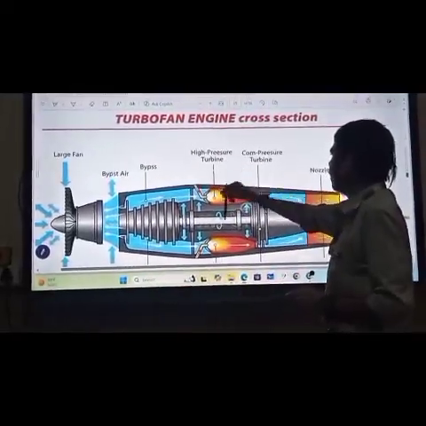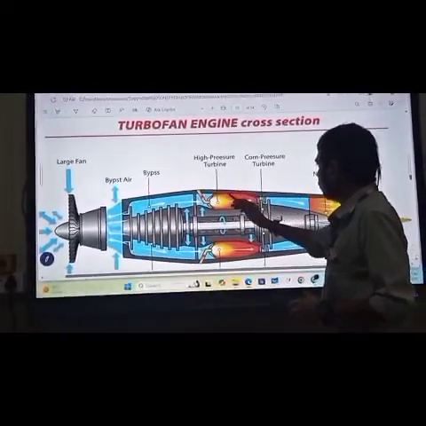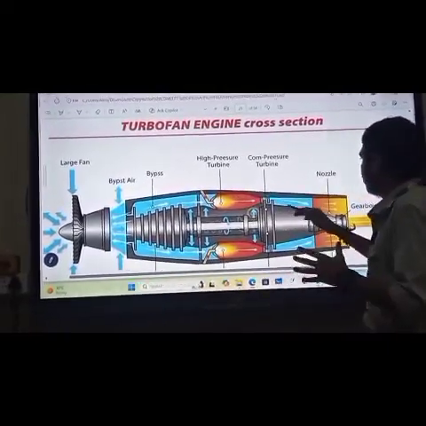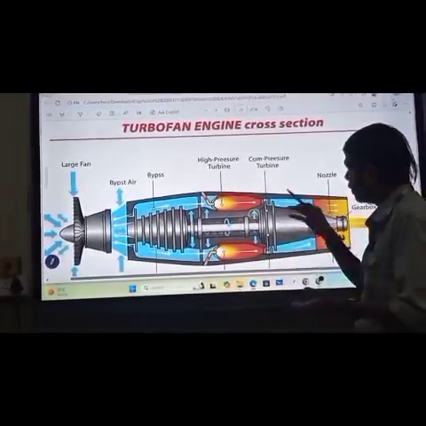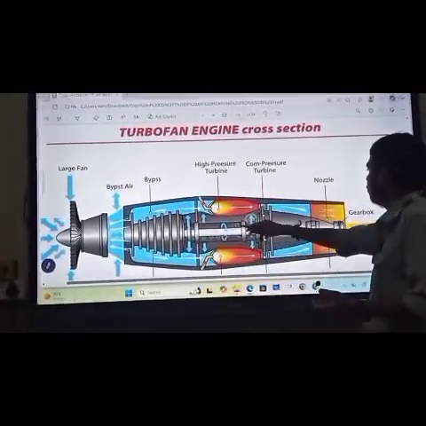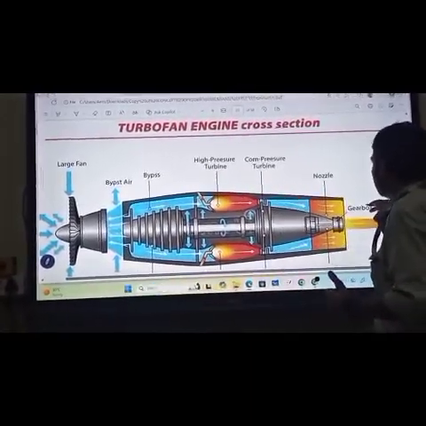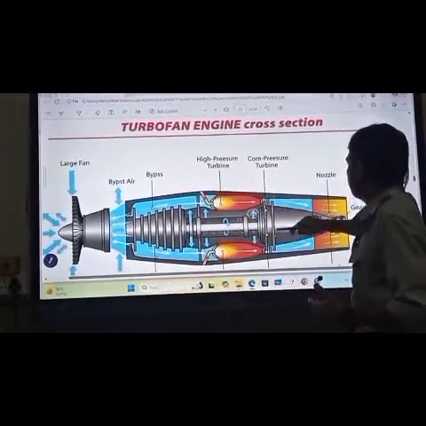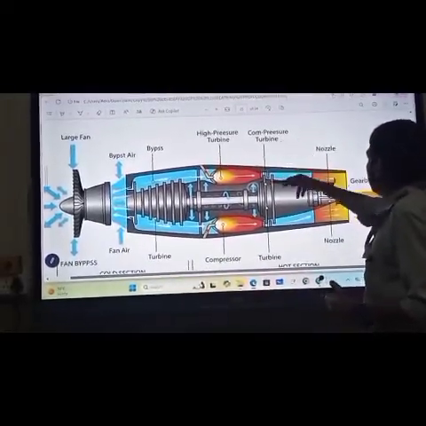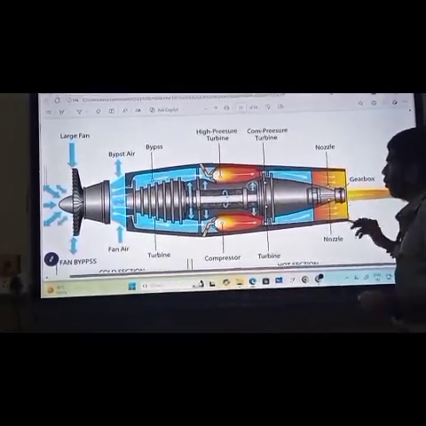Fuel is injected, and the fuel and air mix and burn. The air-fuel mixture generates more thrust, high pressure vapor, which passes to the turbine section. The turbine section passes it to the exhaust nozzle section. This is the high pressure turbine section here, compressor turbines, nozzles, and this is the gearbox.